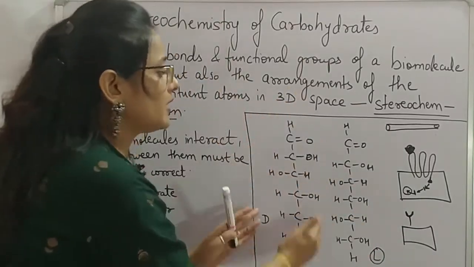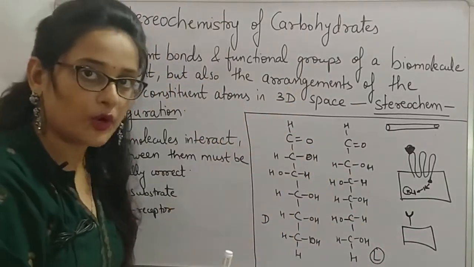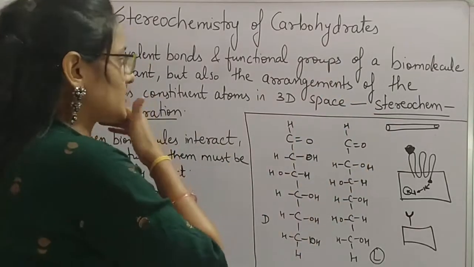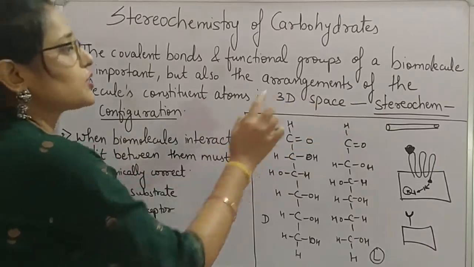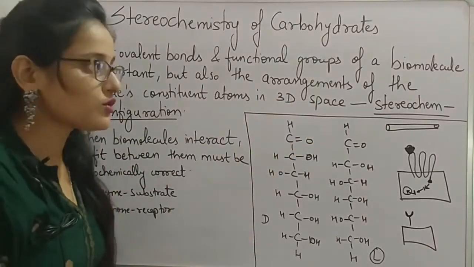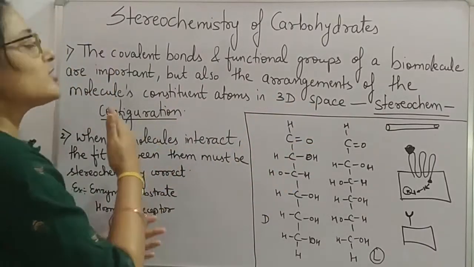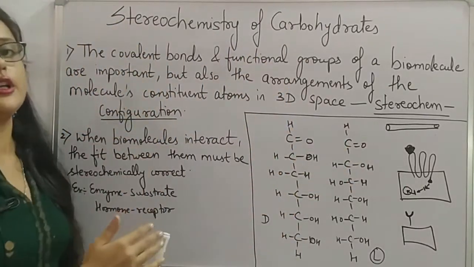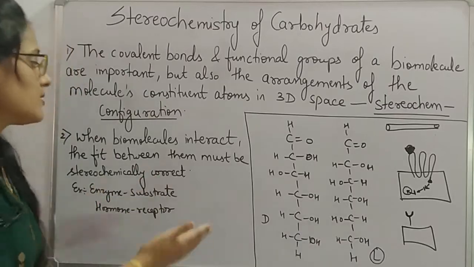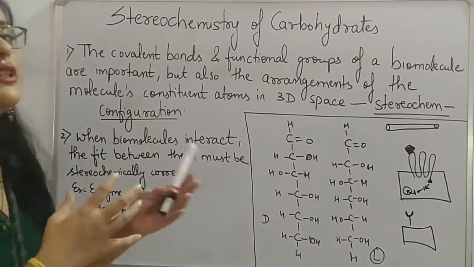So the three-dimensional arrangement of atoms is very important, and that is called stereochemistry. That is, the arrangement of a molecule's constituent atoms in three-dimensional space is called stereochemistry, or it is also called configuration. So a biomolecule's stereochemistry or configuration is very important because biomolecules interact with each other.